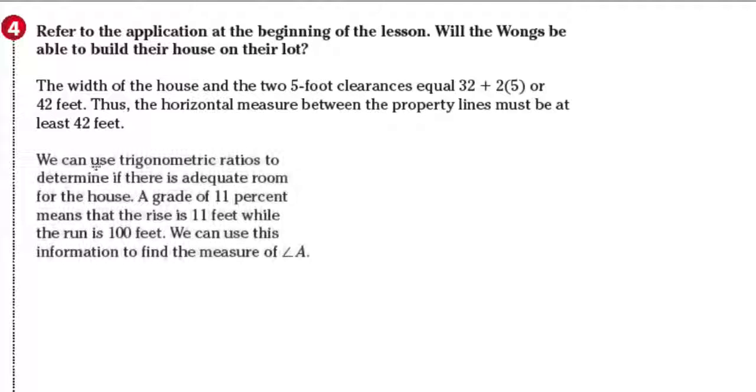So we can use trigonometric ratios, SOHCAHTOA, to determine if there is adequate room for the house. A grade of 11% means that the rise is 11 feet, while the run is 100 feet.